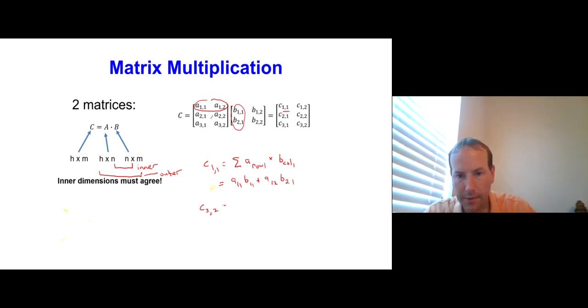Okay, so then C32 is given by the third row. So A31, let me write this out first, row 3 times the second column.